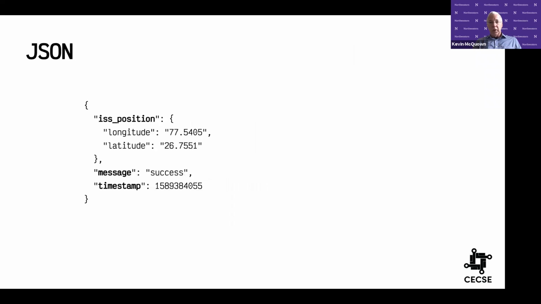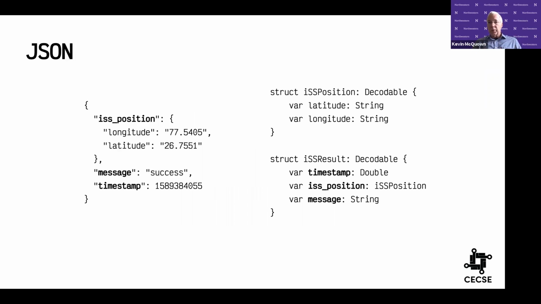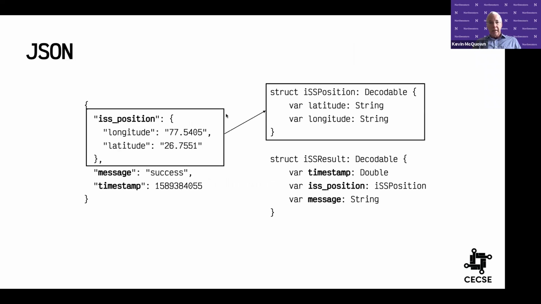So if we look at the API for the JSON, one of the things we're going to want to do in our code is build up something that can hold this. The way we do that is through structs. Here I have a struct that matches this dictionary, ISS position, with a latitude and longitude.